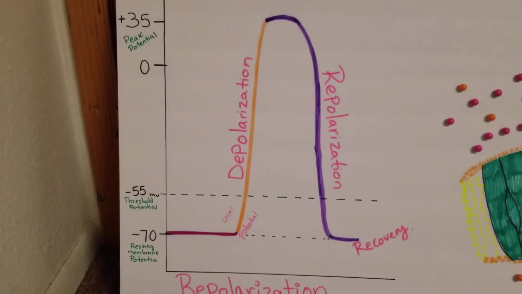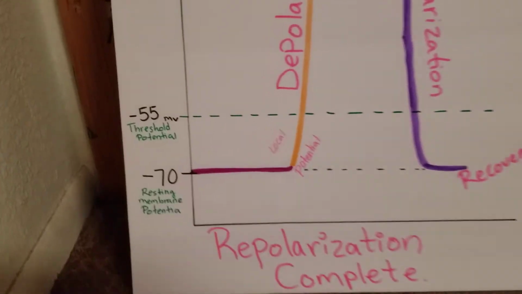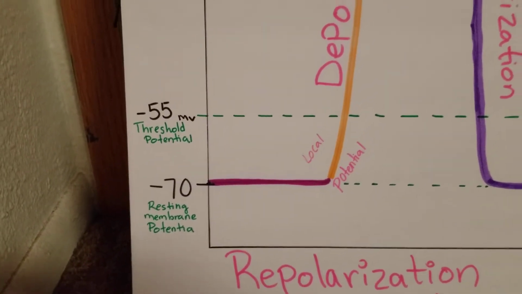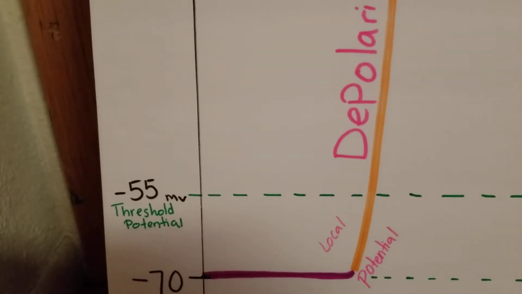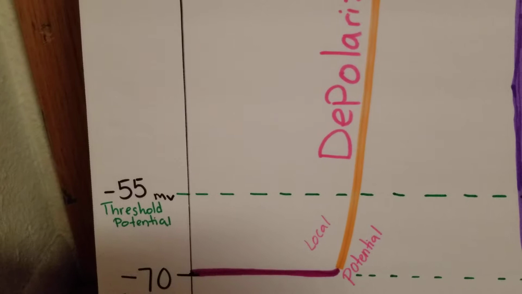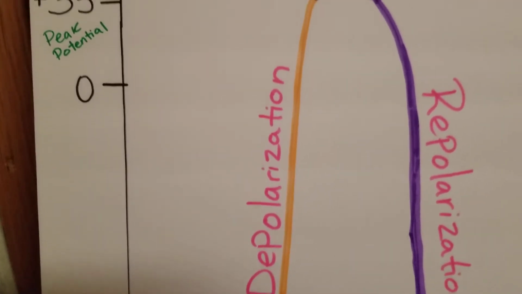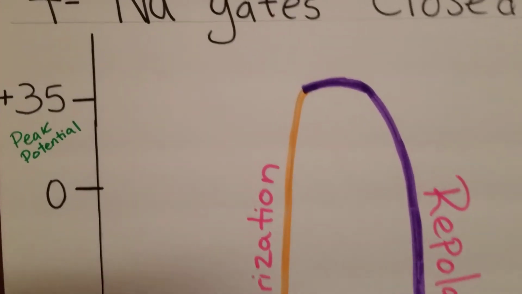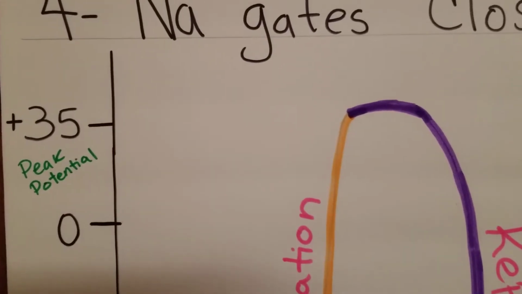So in a quick resume, we can say that when we are at negative 70 mV, we are at resting membrane potential. Once it starts rising from negative 70 mV, we are getting into a threshold potential. After that, depolarization begins, going up to our peak potential, that's the 35 mV.